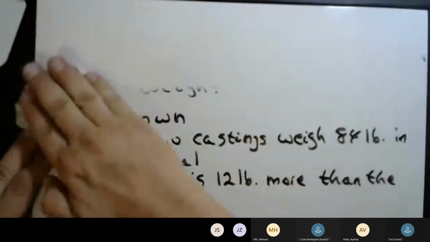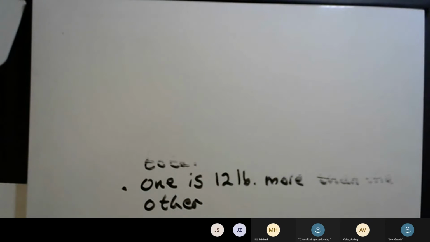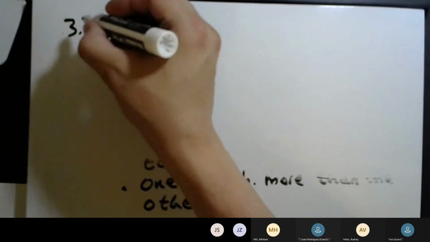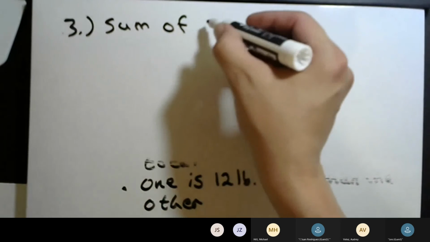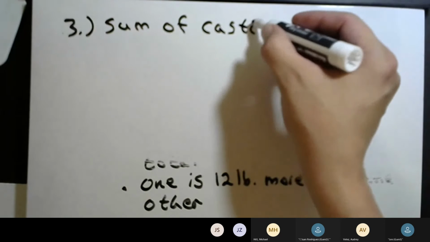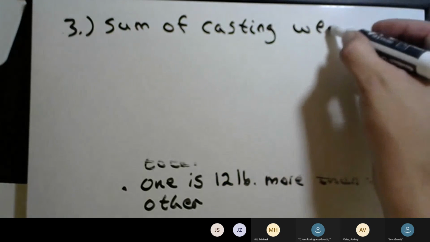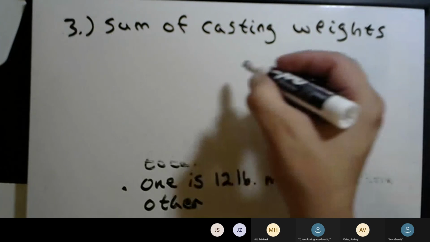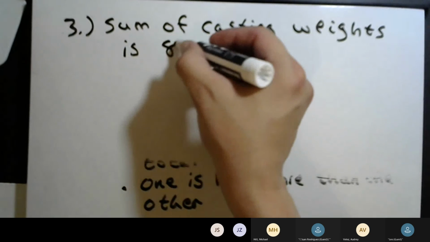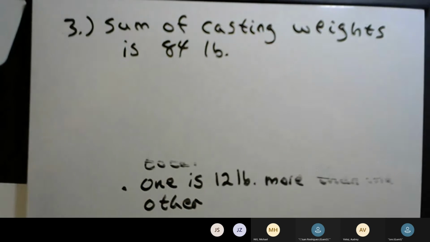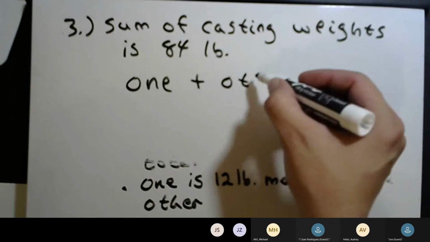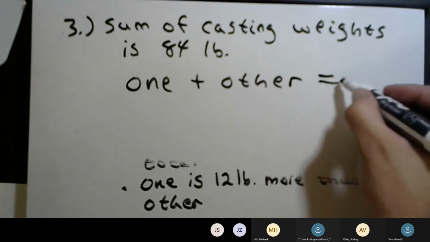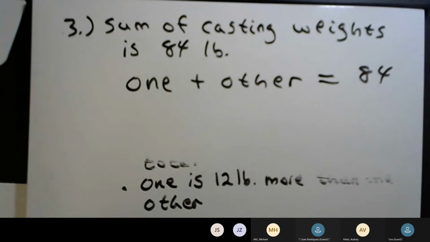All right, so now we're going to come up with an equation. Now we're told that the sum is 84 pounds. So what that is saying is that the one plus the other is 84.